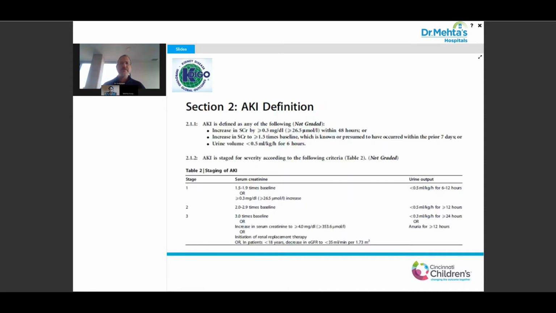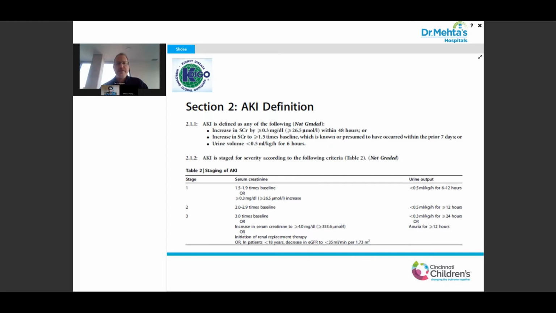And as of today, in 2020, this is still the definition and the staging criteria for acute kidney injury. Acute kidney injury is defined as a serum creatinine rise of at least 0.3 milligrams per deciliter or 26.5 micromoles per liter within 48 hours, or a 50% increase over baseline, or oliguria of less than 0.5 mL per kilo per hour for 6 hours.